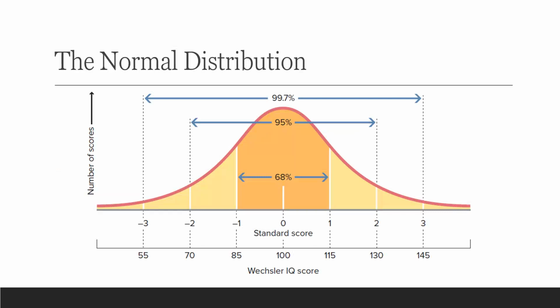And of course, we should not forget that the normal distribution is important in statistics because most of the time, we use the normal distribution in order for us to understand if the individual is average, above average, below average, or if he or she is an outlier. So we will have more of this when we go to intelligence or IQ.